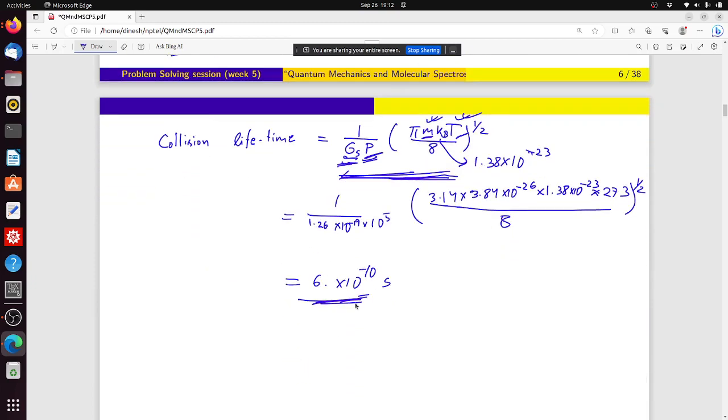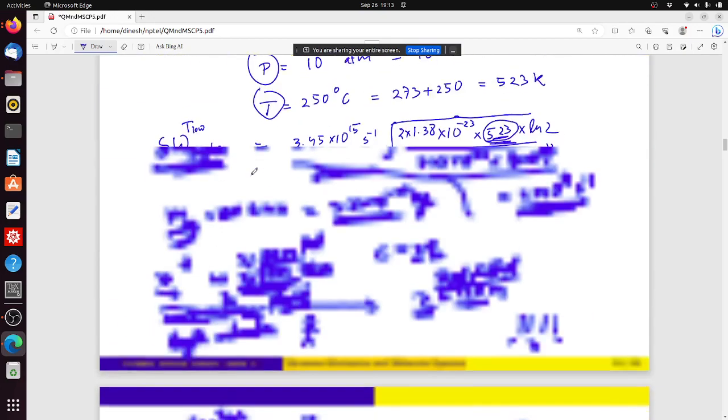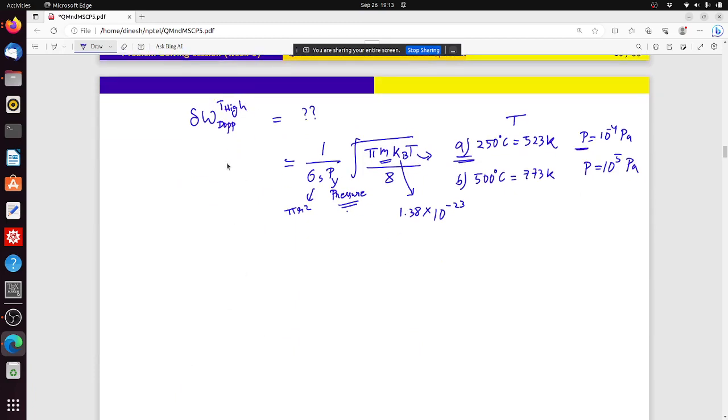Okay, this formula is for collision lifetime, tau collision. So we will first calculate tau collision, then from that you can calculate the line width for collision. This will be nothing but 2 over tau collision.